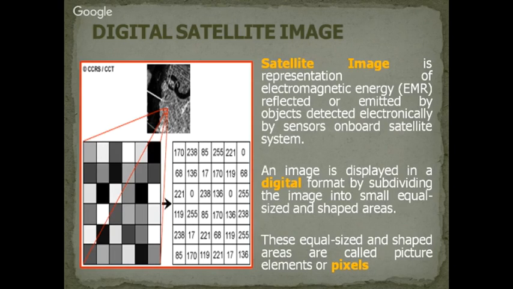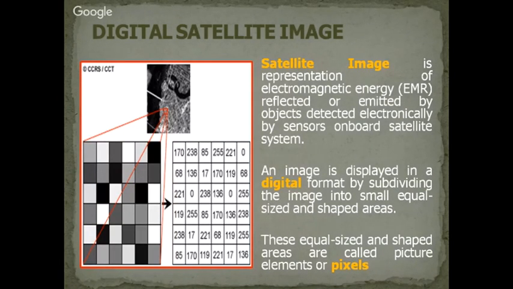Now, the satellite image. In this picture, on one side you see different shades of gray between pure white and pure black, and for the same pixels we have some digital numbers. Satellite images actually store the information in terms of these digital numbers. These digital numbers represent the amount of energy reflected by that particular surface.